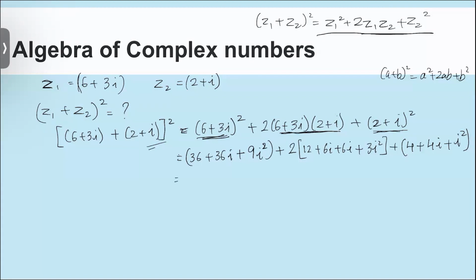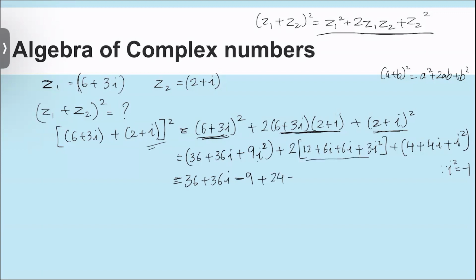Now we'll take off the brackets and simplify it further. So 36 plus 36i. Now over here we know that i squared is equal to -1. So the sign for the coefficient 9 changes because we are multiplying it by -1 now. So it's minus 9, plus multiply this entire bracket by 2.